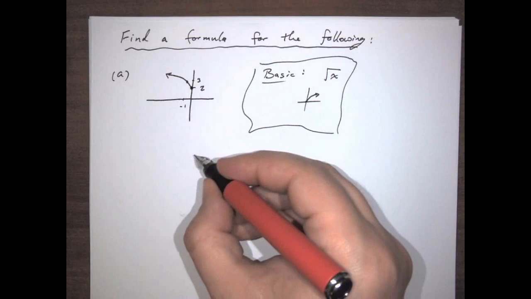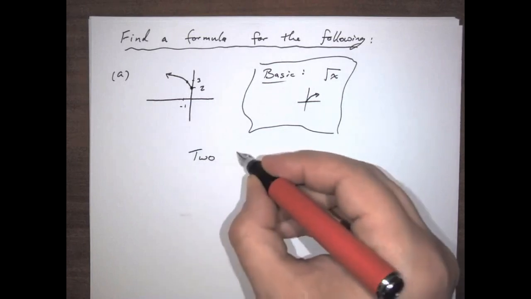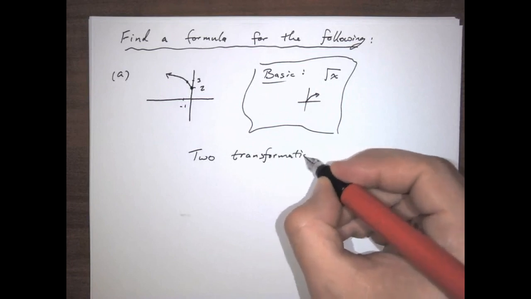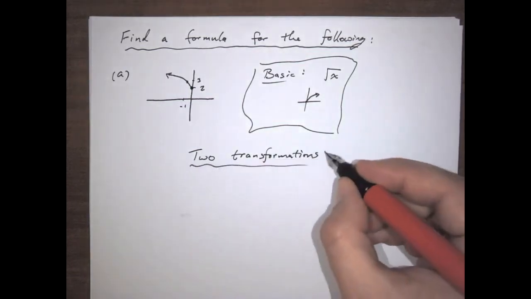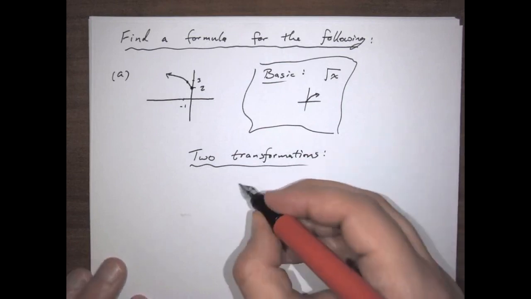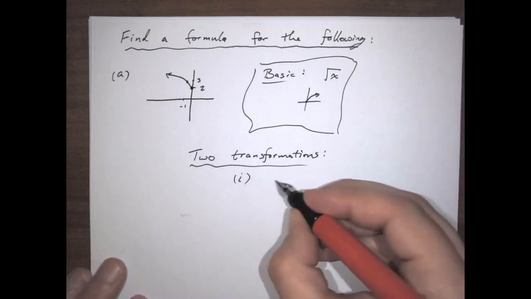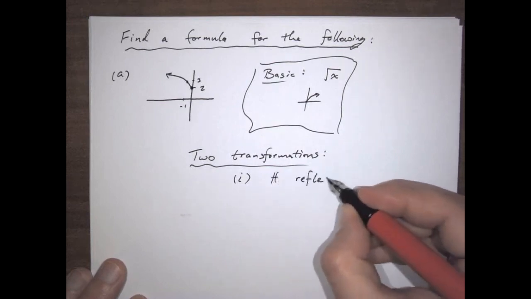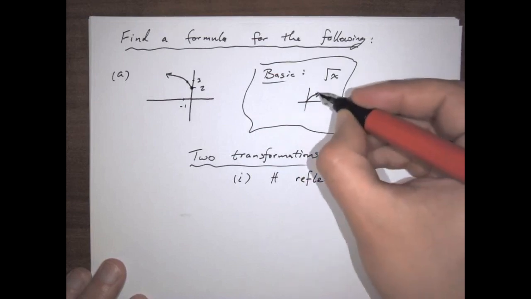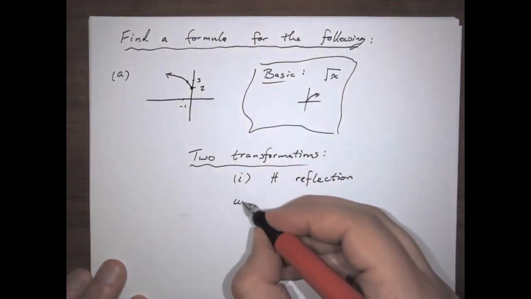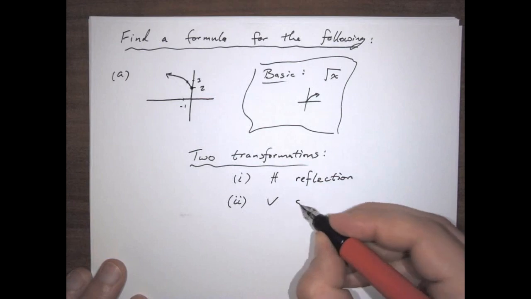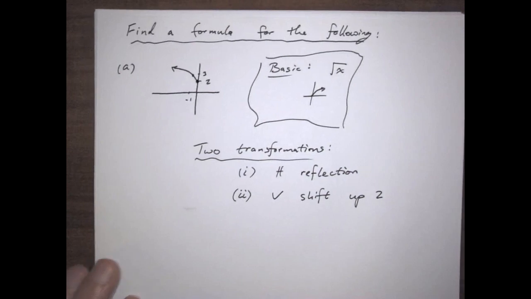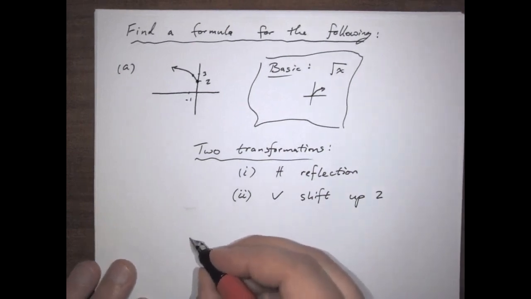The two transformations that appear to have happened: first off, a horizontal reflection. It was going right, now it's going left. Secondly, there appears to be a vertical shift up 2.